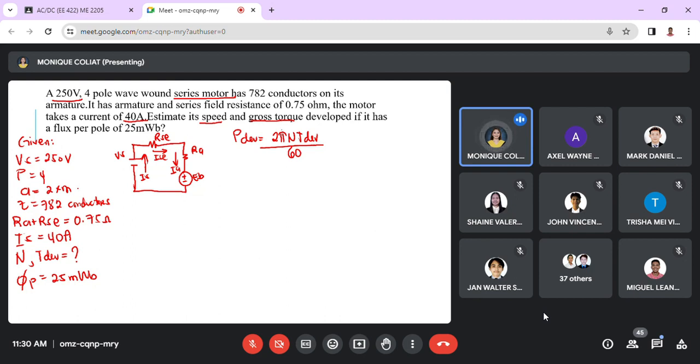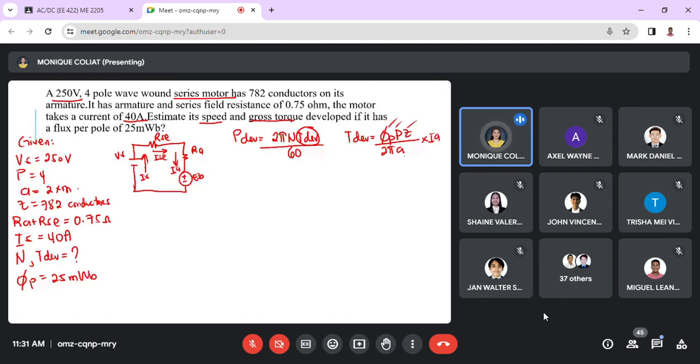Okay, so may N yan. So, kailangan muna natin hanapin si TDEV, which is, formula? Flux per pole, PZ over 2 pi A times IA, tama? So, meron tayong flux per pole, may Z, by A. Pero wala tayong IA. So, kuhanin muna natin si IA.